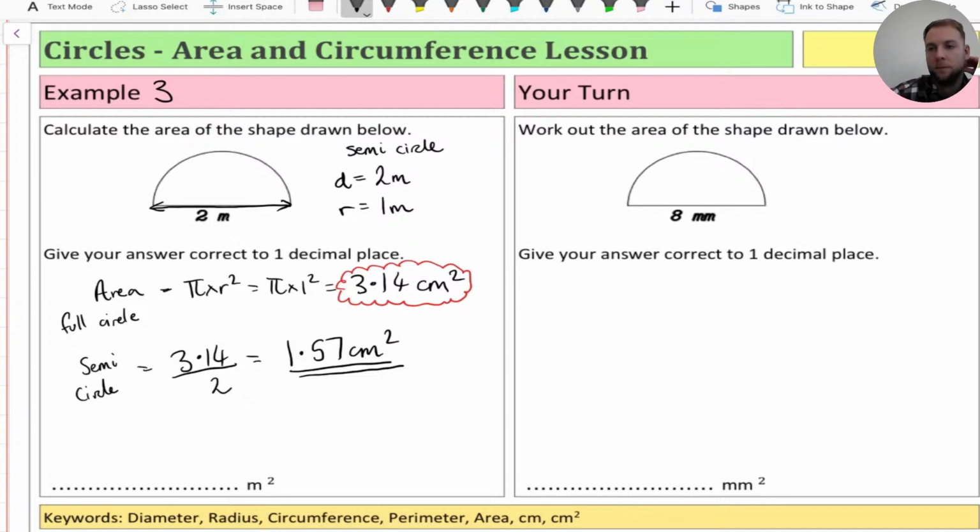Brilliant. So get that one down on the left, and once you've done that, have a go at the one on the right. Again, it's quite straightforward.